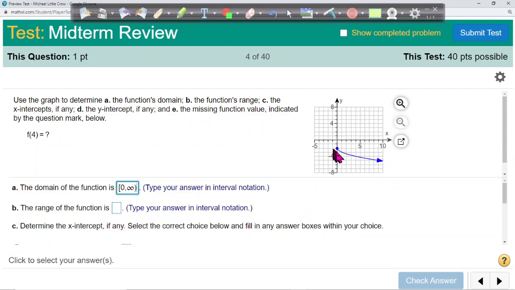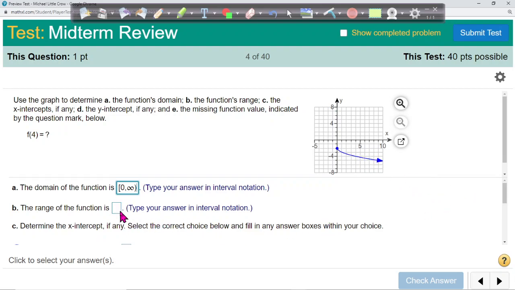The range, so the highest y value is negative 2, and then this is going downward towards negative infinity. Now when you list either a domain or a range, you always list them from the smallest to the largest values. The smallest value is going to be negative infinity. It's coming down here.